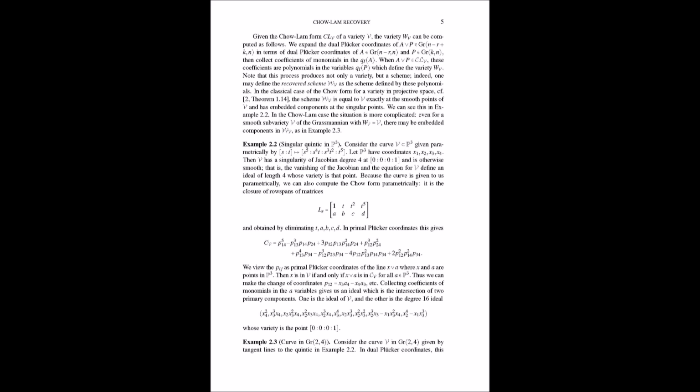The proposition states that a (k-1)-dimensional linear space P belongs to our recovered variety WV if and only if its dual space, the dual of P, is contained within the dual variety of V. So if the dual of P is embraced by the dual of V, then P itself is in the recovered variety. That's a good way to visualize it. It's all about duality. And this dual perspective seems particularly helpful when we're dealing with curves and surfaces in the Grassmannian. Yes, the latter part of section 4 focuses on those cases.